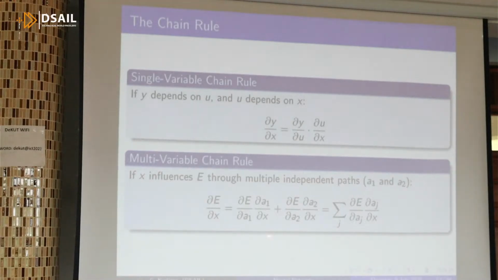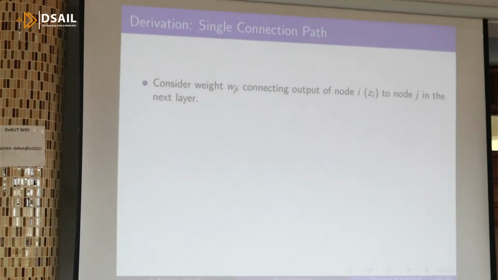So we need to know this idea of the chain rule along different paths. So along path 1, derivative with respect to A1, and then derivative of A1 with respect to x, and then A2 and A2 with respect to x. So we can do a summation. All right. Okay.